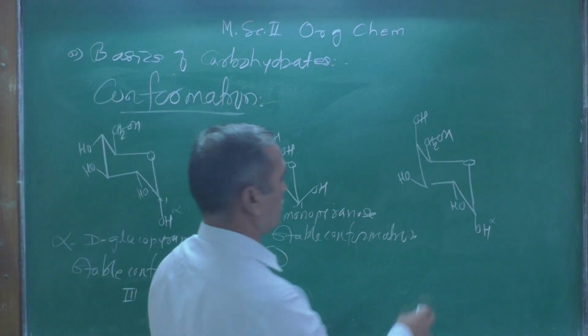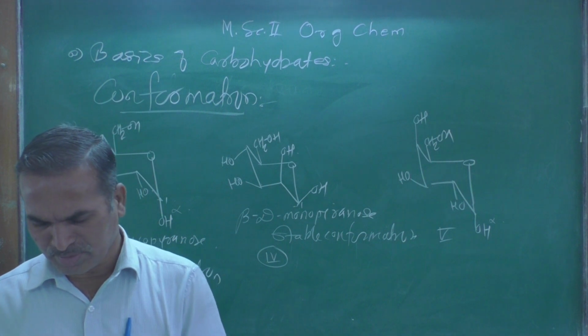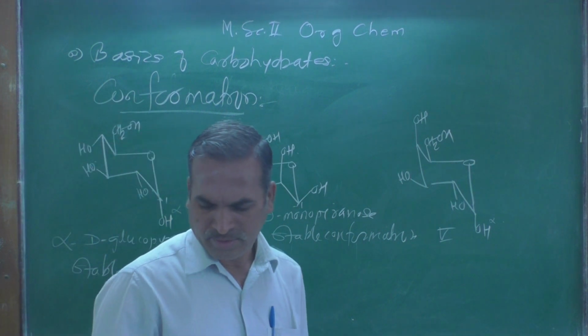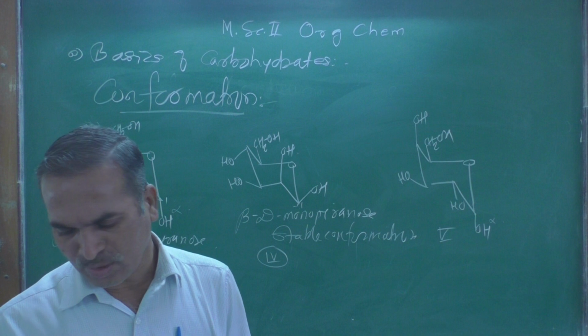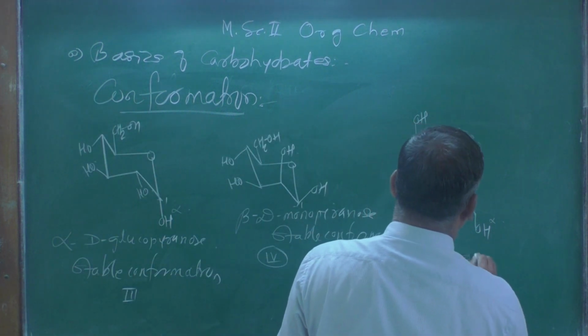This is structure number 5, which is alpha D galactopyranose.